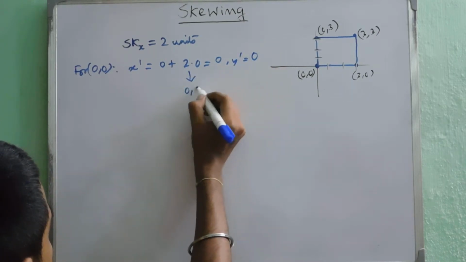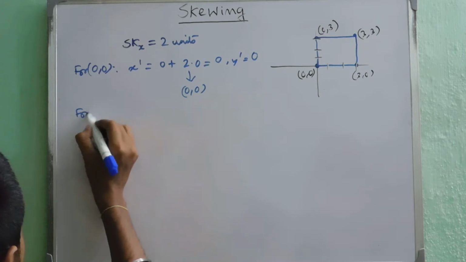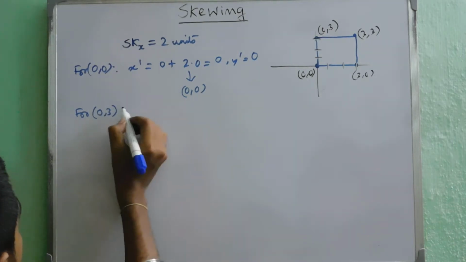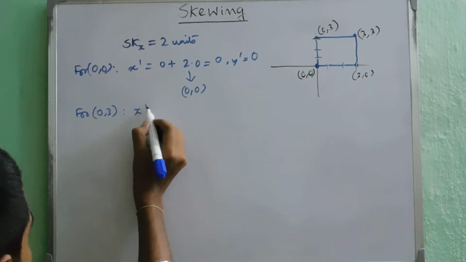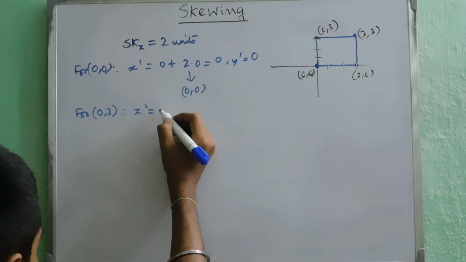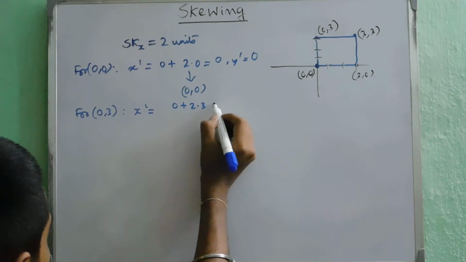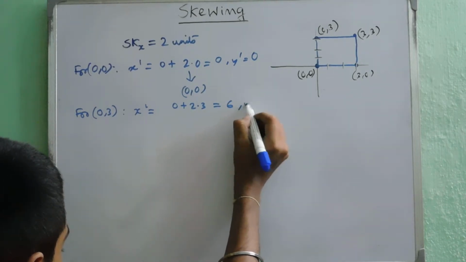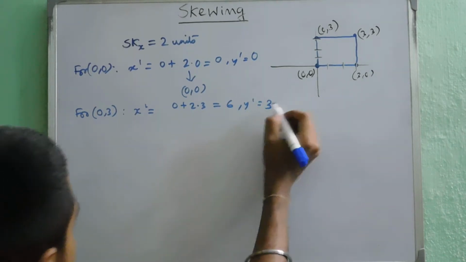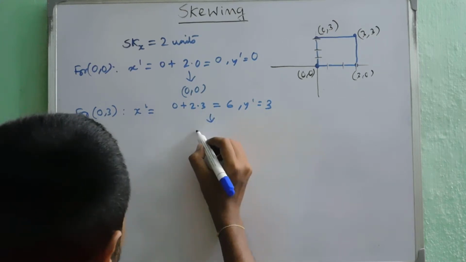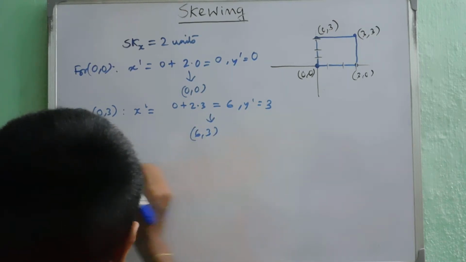So we are getting 0, 0. For 0, 3, we have x dash as 0 plus 2 into 3, that is 6, and y dash as 3. So we are getting 6, 3.